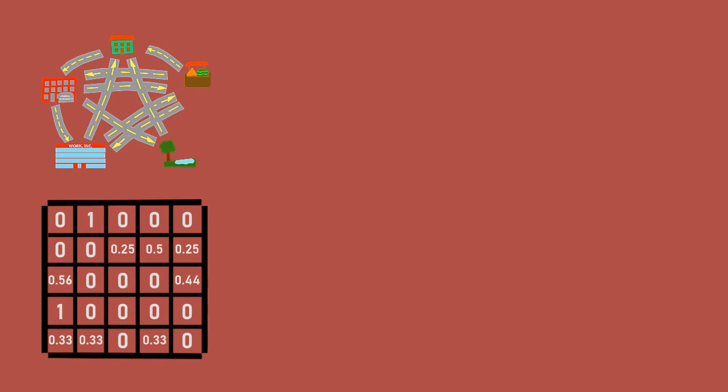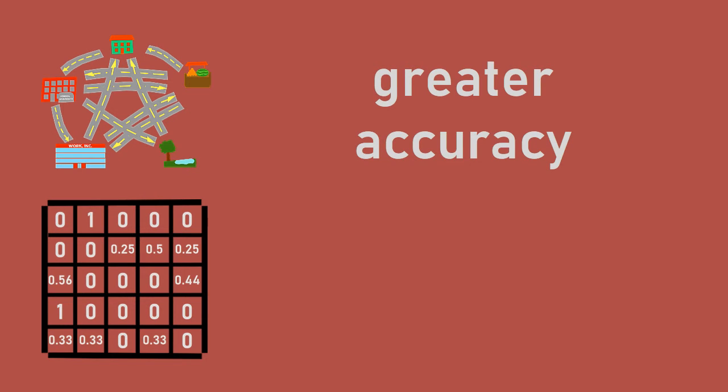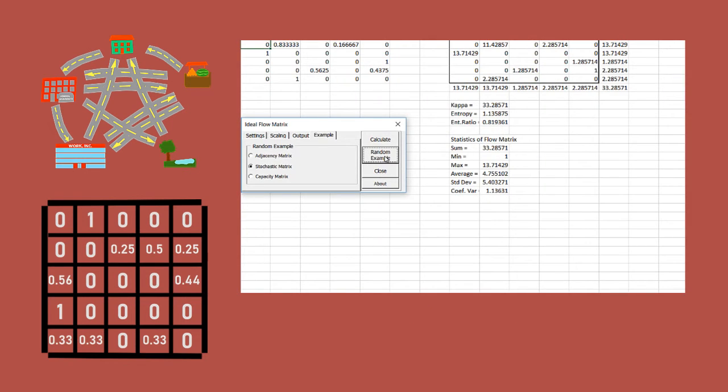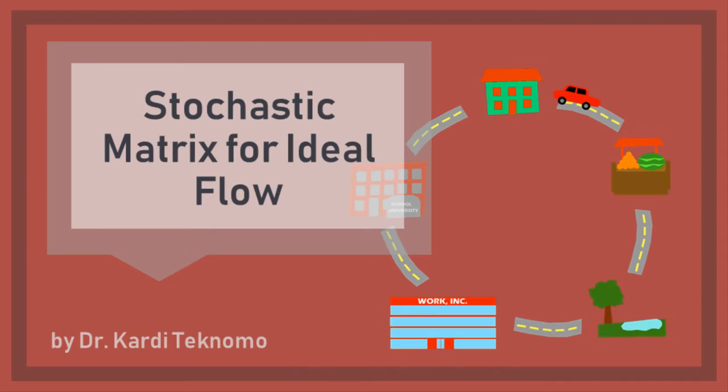So while the use of probabilities to stand in as capacity ratios allows for greater accuracy, this is because you also need great amounts of data to determine these probabilities. It's always possible to come up with rough estimates, of course, for the trade-off of accuracy. And for our convenience, we can always generate a random example from our ideal flow Excel add-in.